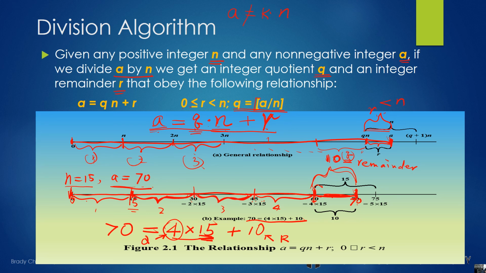We use this square bracket to represent what we sometimes call floor division. That means A divided by n is a whole number plus a fragment, and if we throw away the fragment, we keep the whole number. That's the quotient, Q.